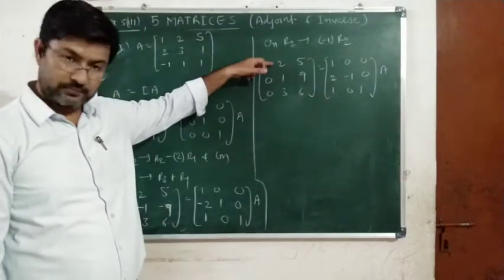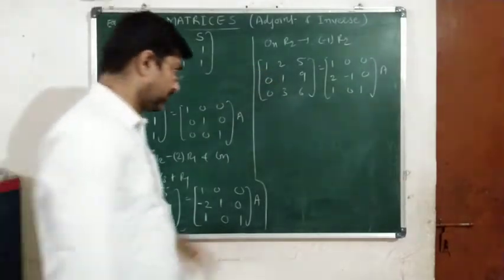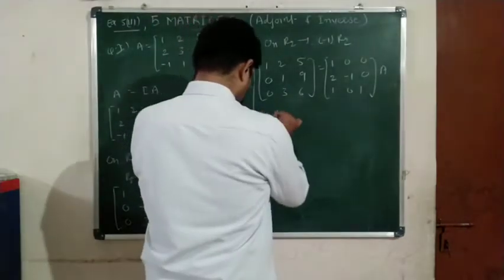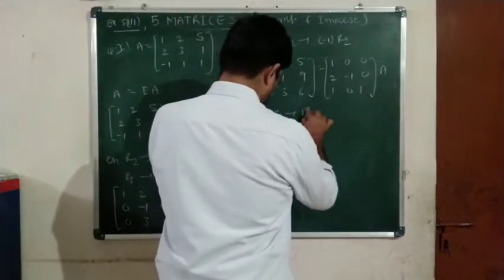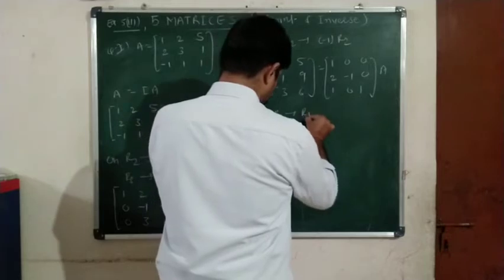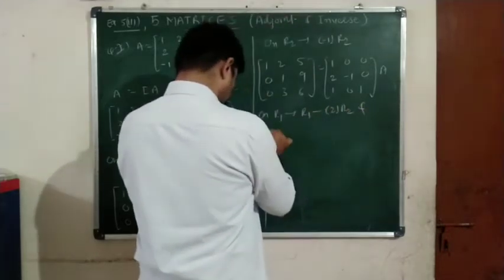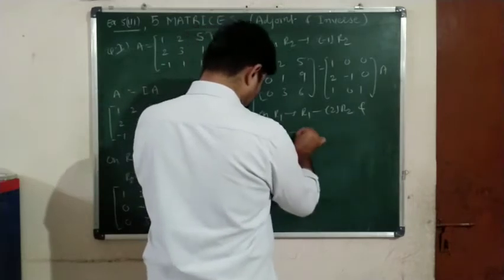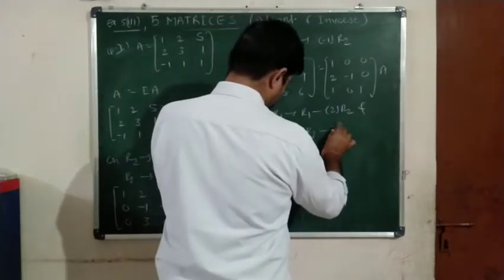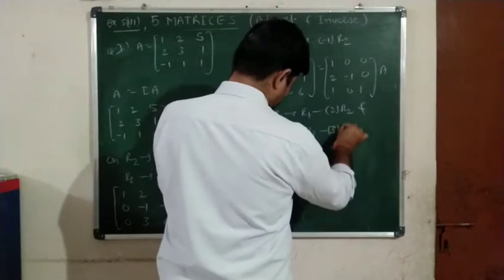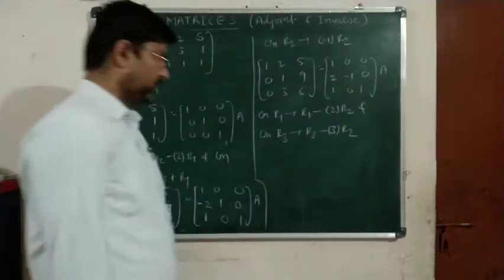Multiply by 2 and subtract, multiply by 3 and subtract. So on R1 minus 2 into R2, and on R3 minus 3 into R2.